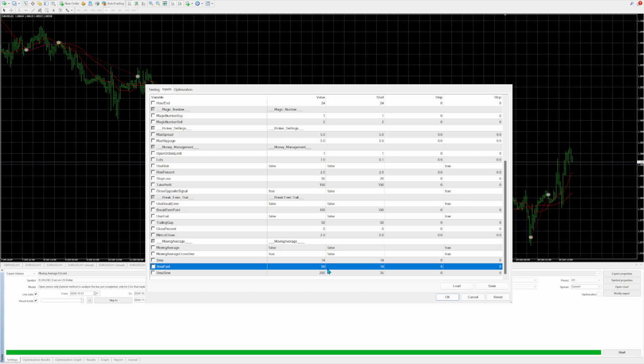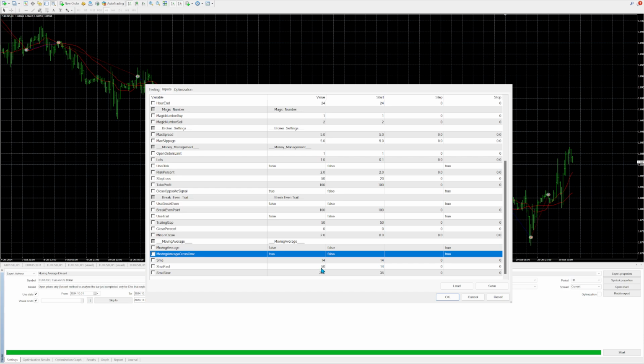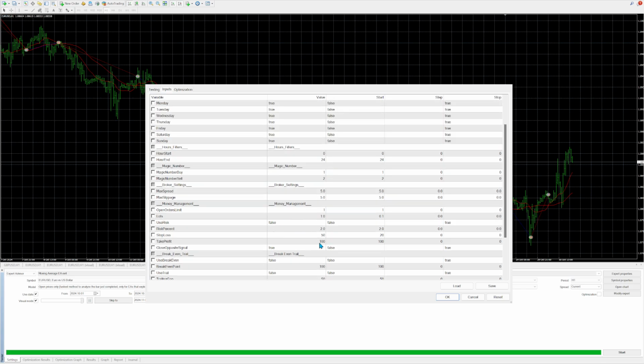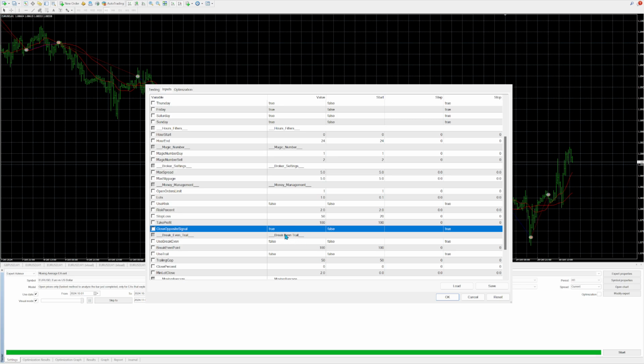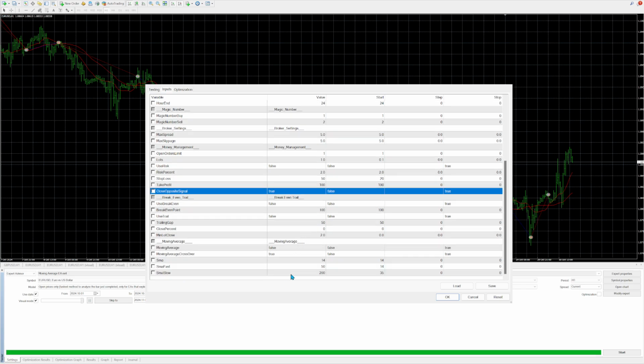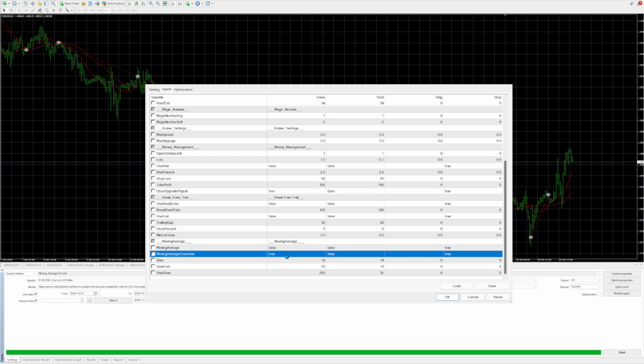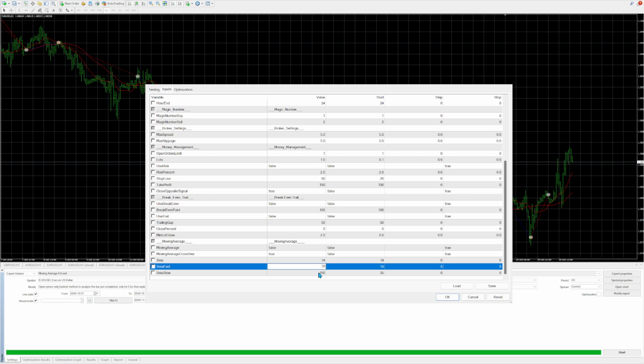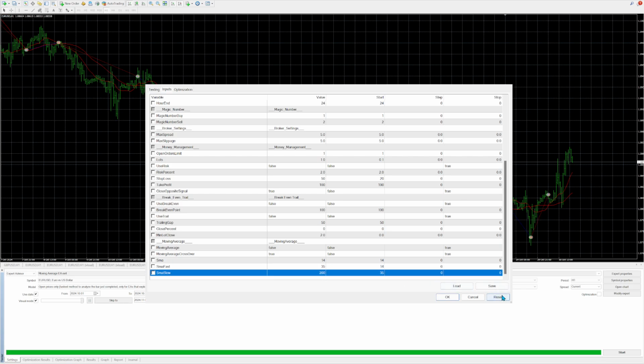Okay, these are popular moving average crosses, and with the moving average crossover set to true would trade the golden cross and death cross strategy for you. And if you had close on opposite set to true, it would close an open trade when there's an opposite signal.